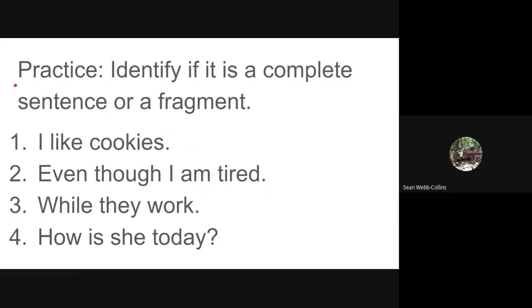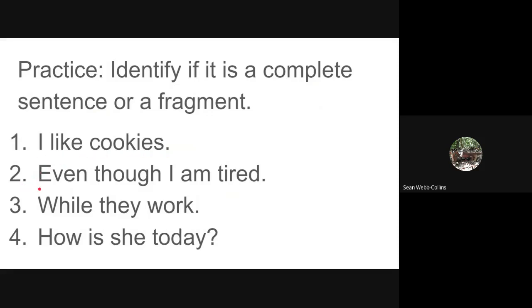So, as a bit of practice, let's identify if each of the following sentences is a complete sentence or a fragment. Number one, I like cookies.